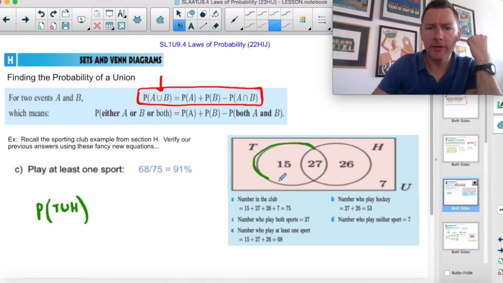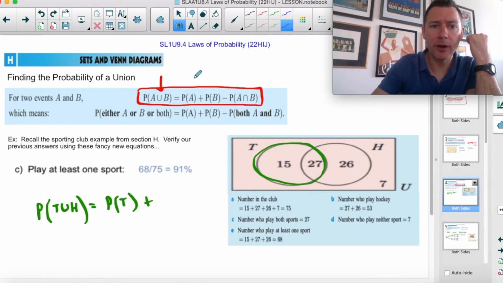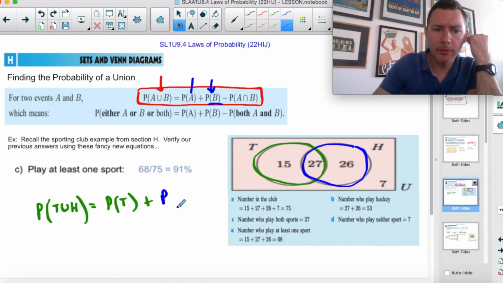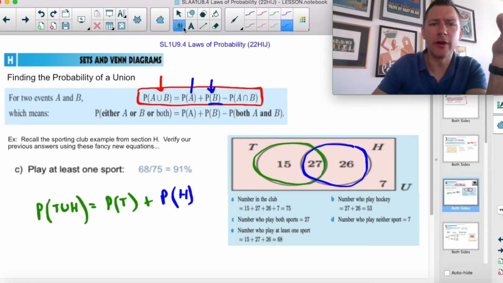Here's the probability of tennis, and then also you'd have the probability of hockey.